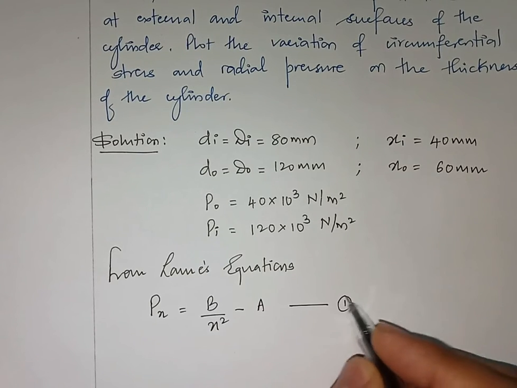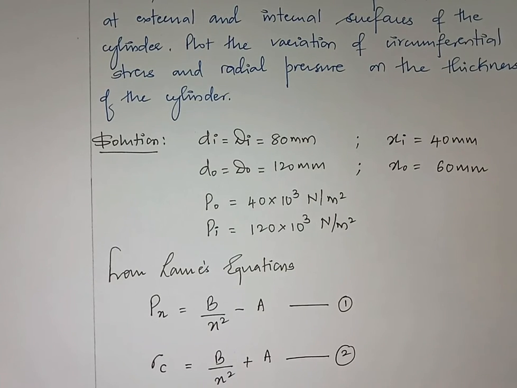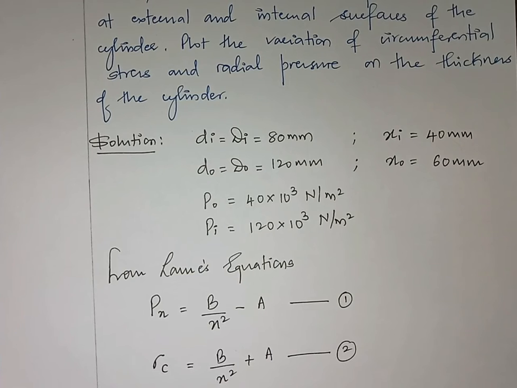So this you can take as equation 1, and it also gives me the value of sigma c, which is b divided by x square plus a. So this you can take as equation number 2. Right, so these are the values of sigma c and px.